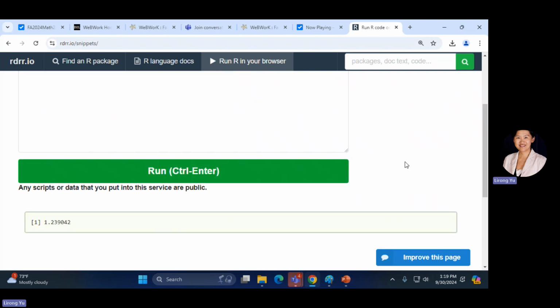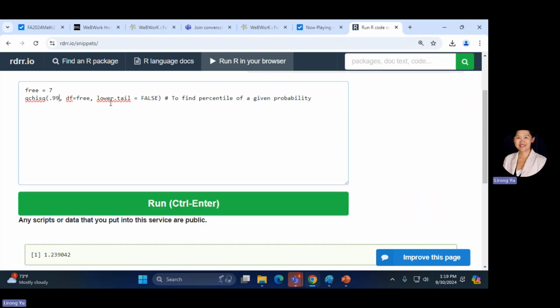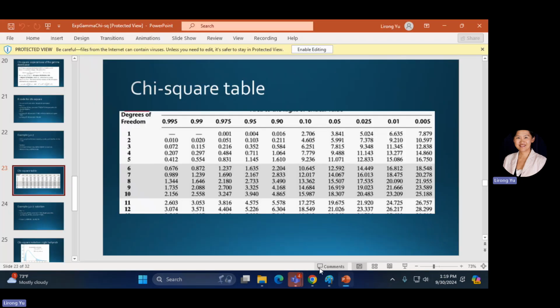That means we are looking at the 0.99 chi-square curve's upper tail, and you can see 1.239, which is exactly what is in the table. So the chi-square table gives us the same answer as you would find in R.